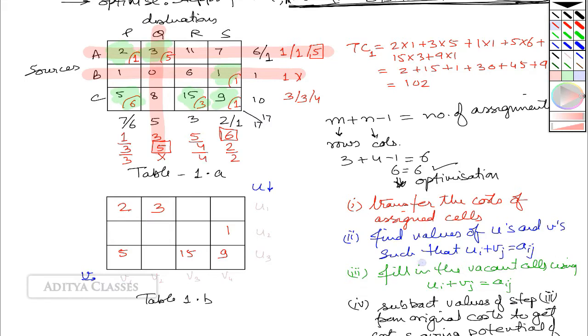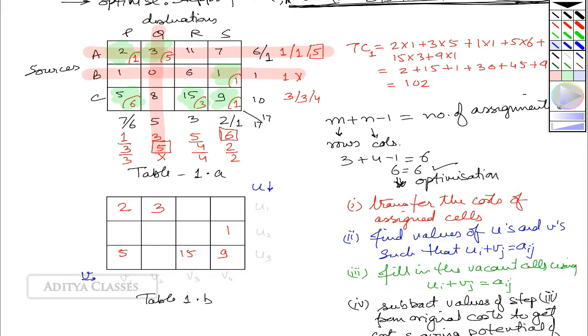So find values of U's and V's such that Ui plus Vj is equal to Aij. We start this step by putting any of the U's or V's as 0. You can put a 0 over here, you can put a 0 over here, wherever you wish, to start this puzzle. Now, where do I put it? You have 7 options: V1, 2, 3, 4, U1, 2, 3.